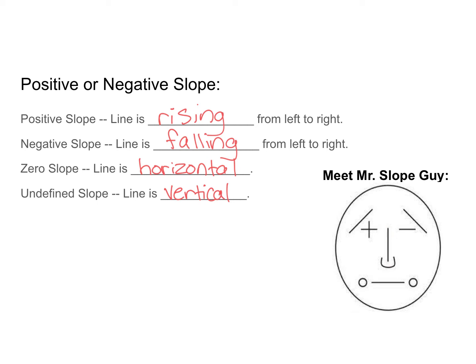And the vertical line that makes his nose is undefined. So if you can remember kind of what he looks like, that can help you. The biggest challenge here is for people to remember if this is 0 or if this is 0, and if this is undefined or if this is undefined. So if you can remember his nose is undefined and his mouth is 0, that'll kind of help you keep that straight. That's Mr. Slope Guy.